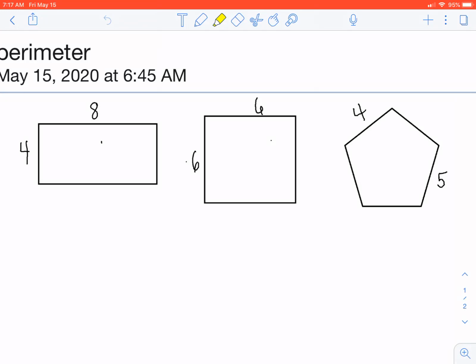So in our first shape, the rectangle, we want to find the distance outside of the shape. And you can find the perimeter by adding together the length of all of the shape's sides.